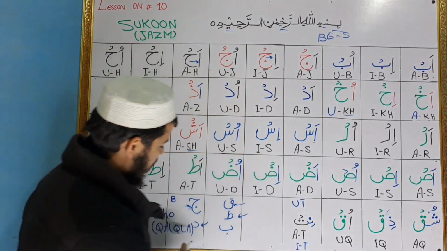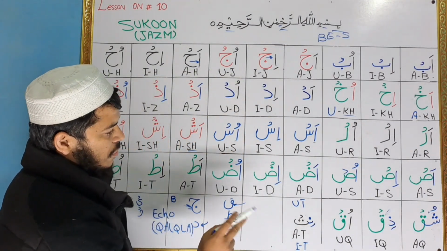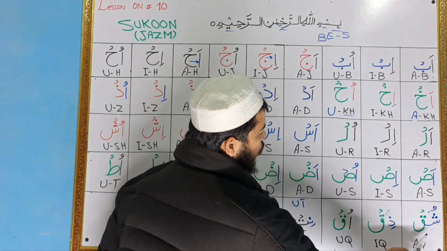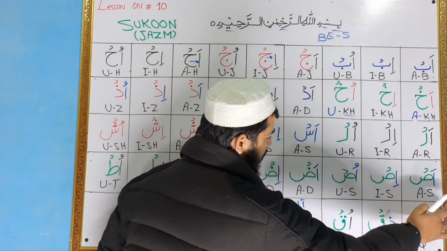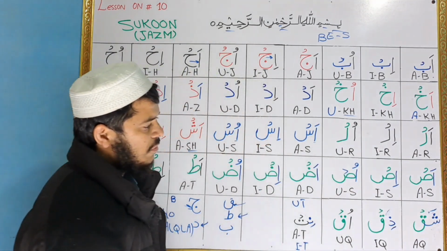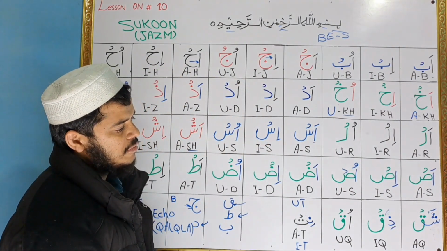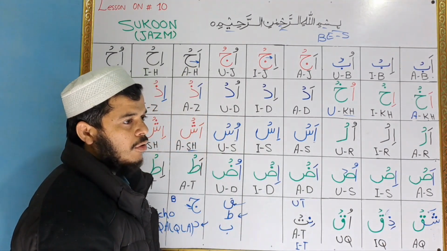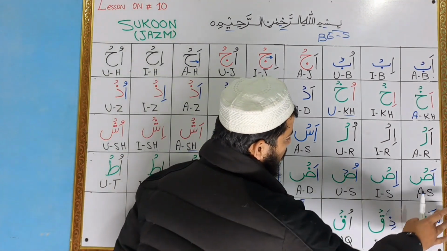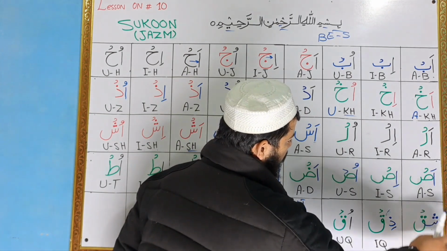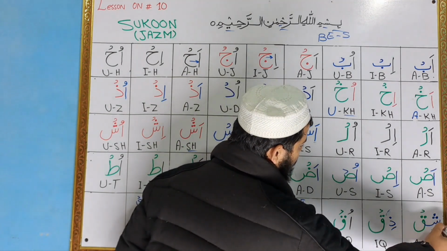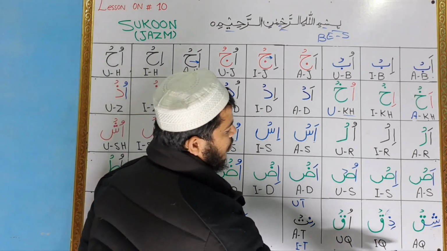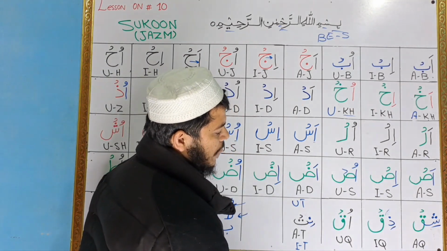Qaf is an echo letter, so it will be echo. So sheen, qaf, dhamma, shuq. If we replace the dhamma with the fatha, it becomes sheen, qaf, fatha, shaq. If we read it with kasra, it becomes sheen, qaf, kasra, shiq.